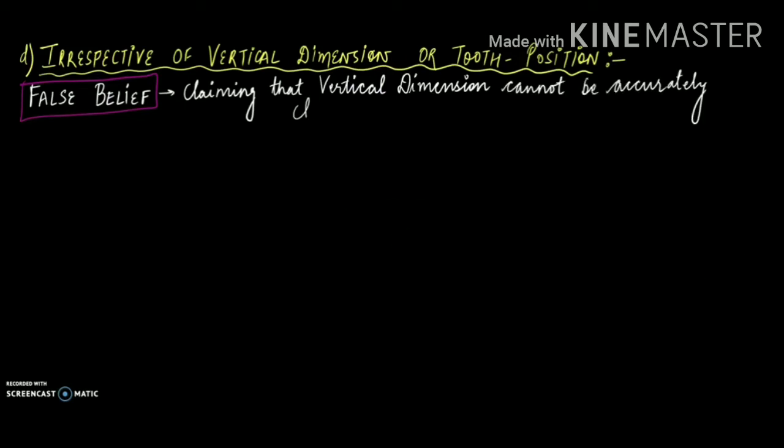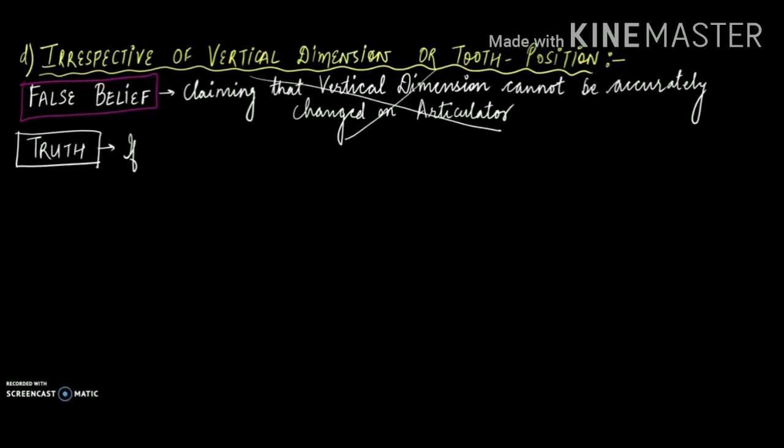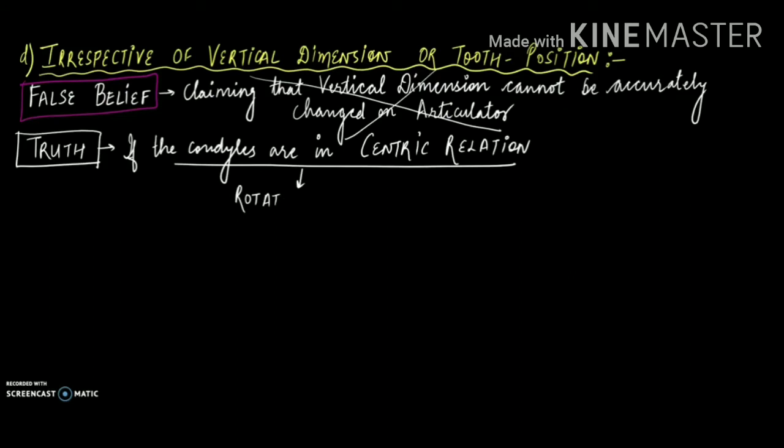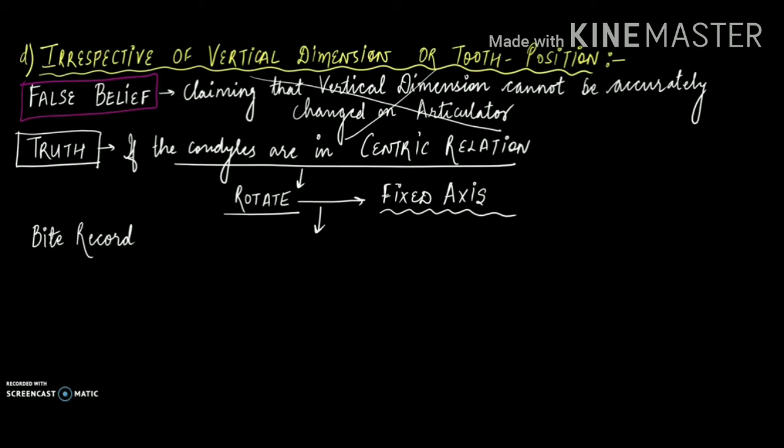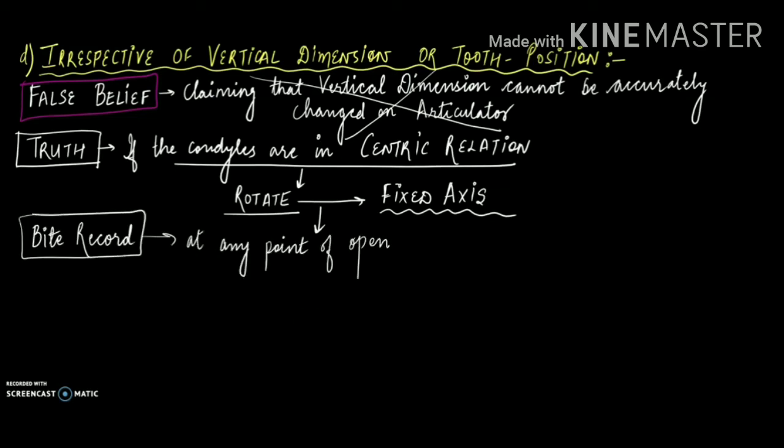Because they claim that the vertical dimension cannot be accurately changed on an articulator, which is absolutely wrong. In fact, the truth is that if the condyles are in centric relation, they can rotate on a fixed axis. Hence, a bite record which is made at any point of opening of a correct centric relation arc is still in centric relation. Now, this is really an important point.